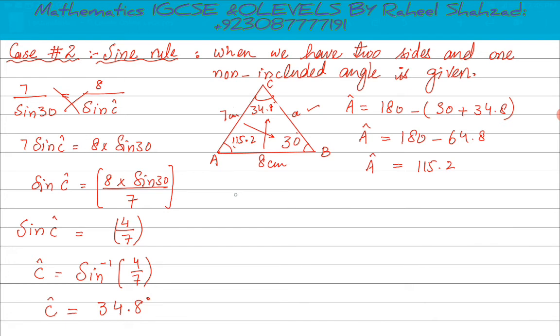Now we apply sine rule again to figure out what is length A. So it's going to be A divided by sine of 115.2 is equal to 8 divided by sine of 34.8.